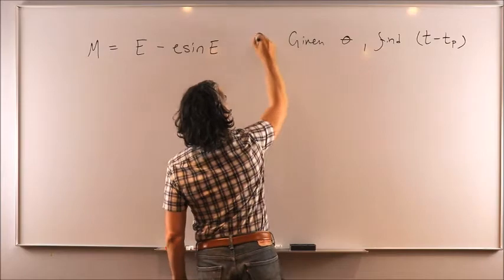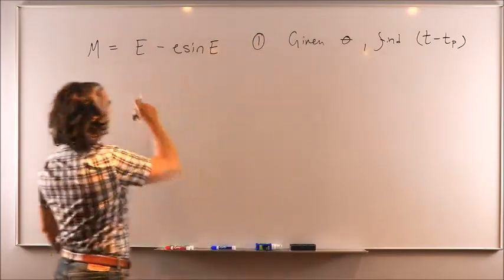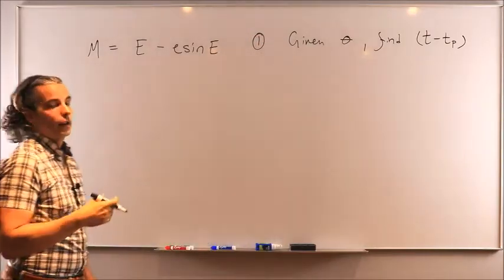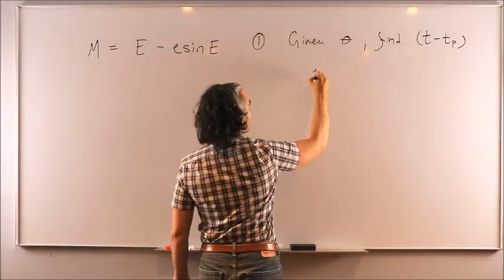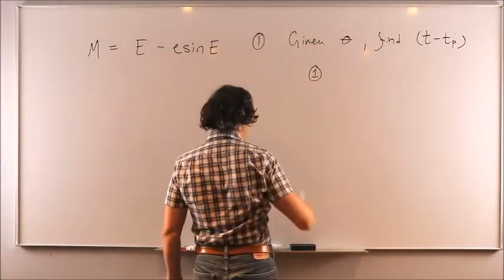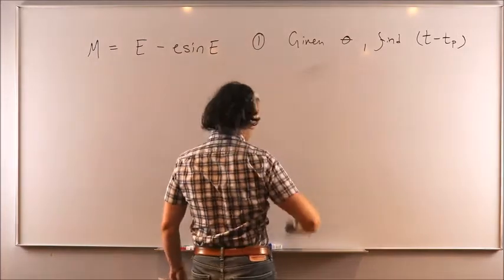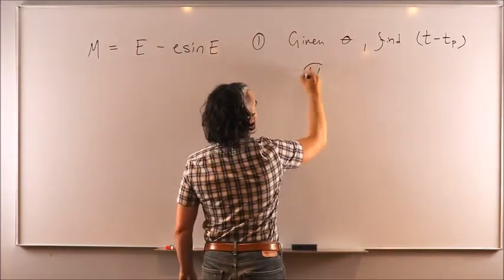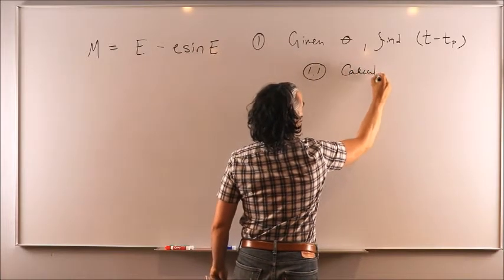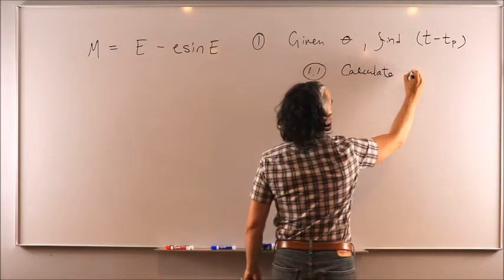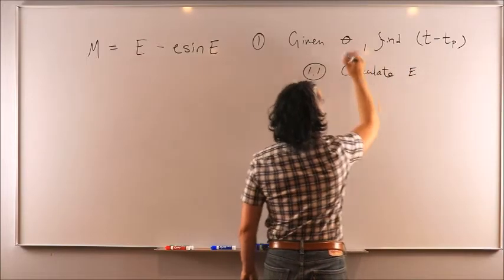That is the first practical use of that equation. Well, that's quite simple because given a true anomaly, the first step, let's call it 1.1, is to calculate the eccentric anomaly given theta.